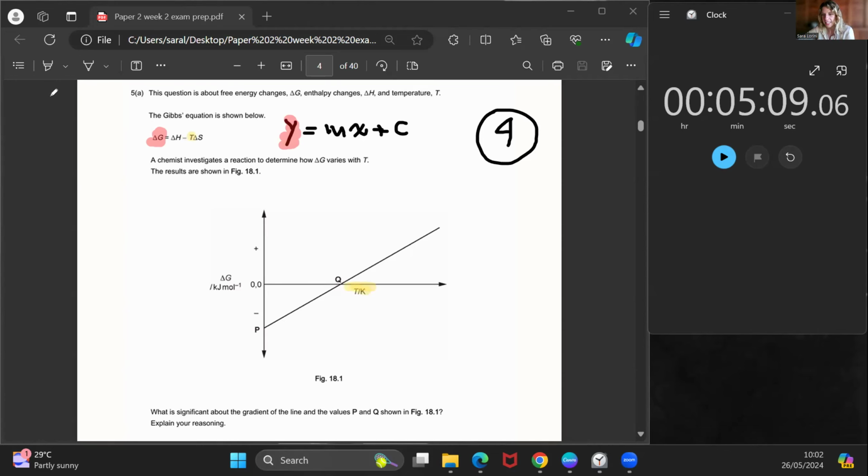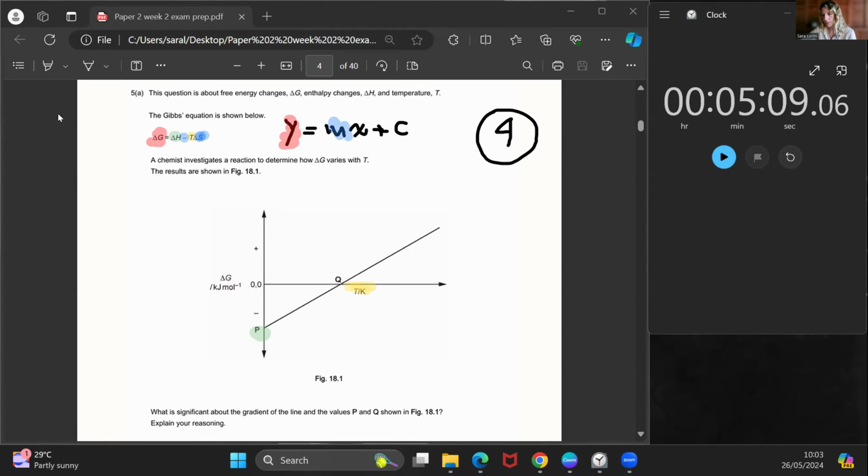So what is everything else? Well, the delta H must be the intercept with the y-axis, because it's our c, and the delta S is going to be the gradient, but the minus delta S. So it would be our m.